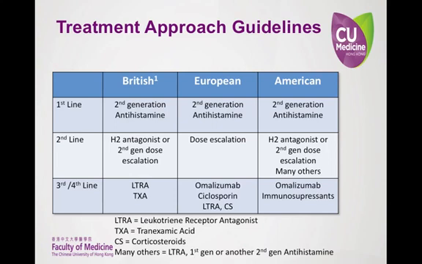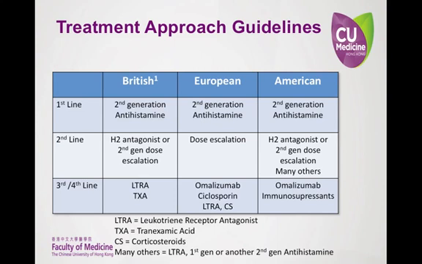Second-line agents should be tried after 2 weeks where the first-line treatment has not met the goal of complete symptomatic resolution. Third-line options include corticosteroids or montelukast more commonly. More rare options are tranexamic acid, omalizumab, or other immunosuppressants.